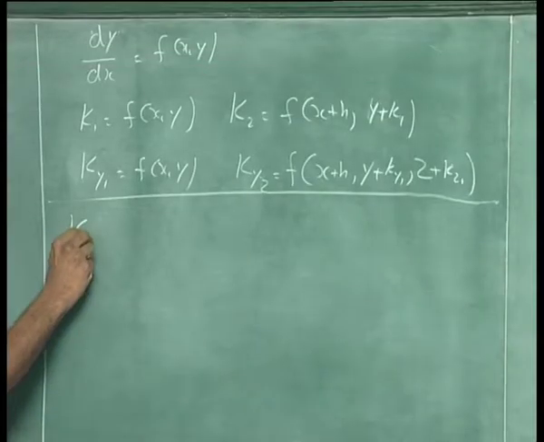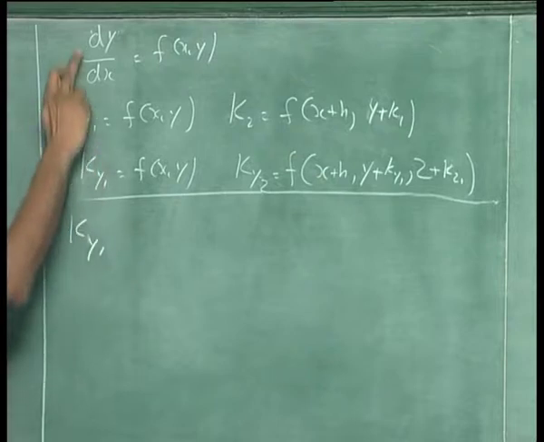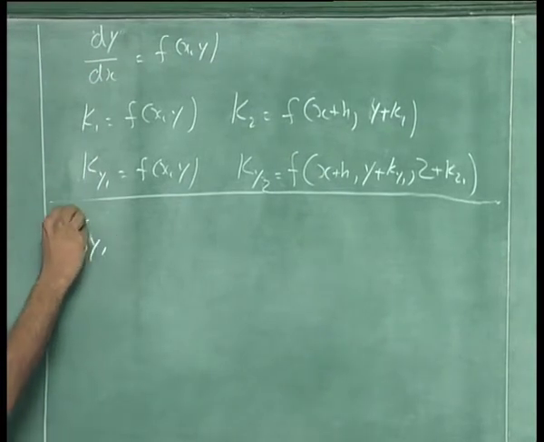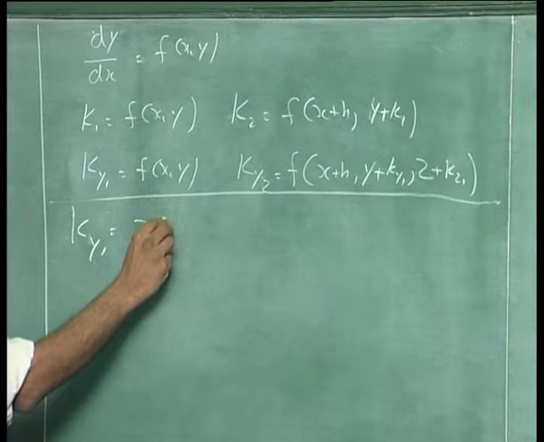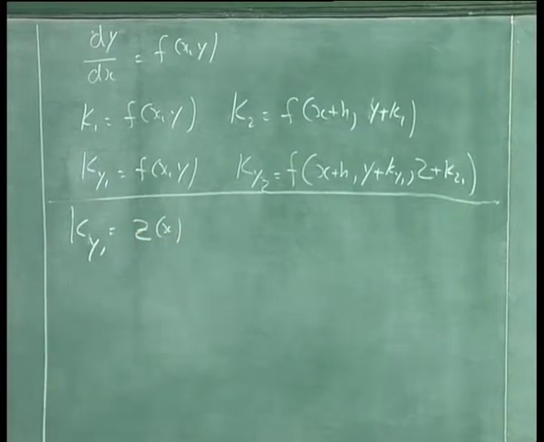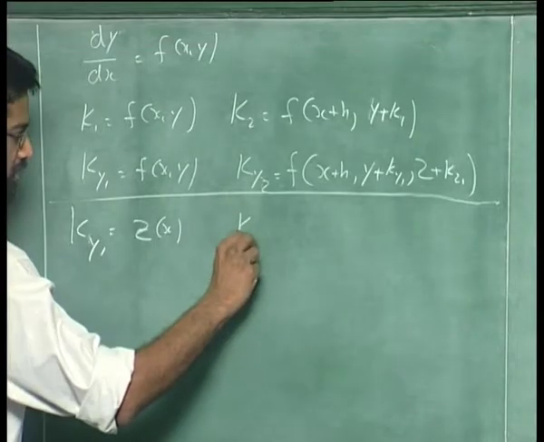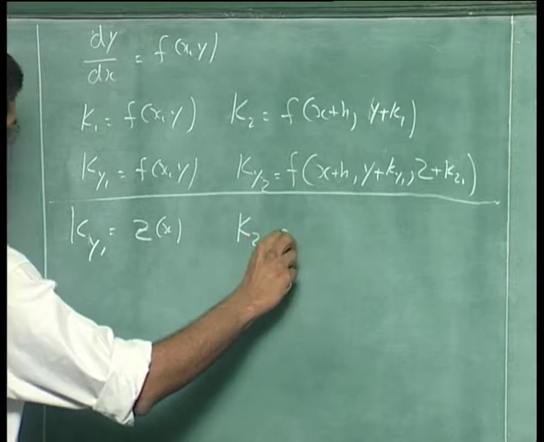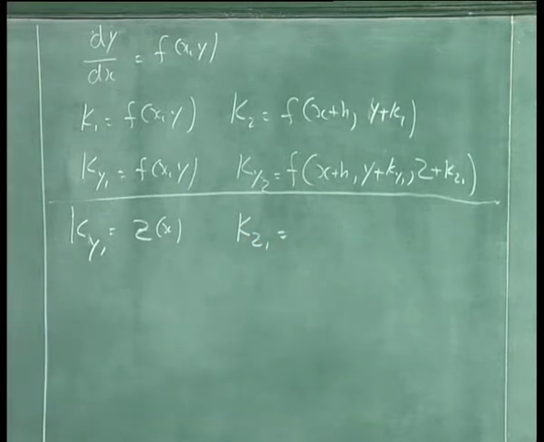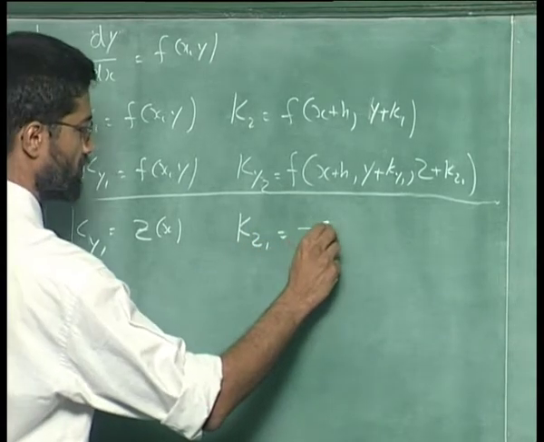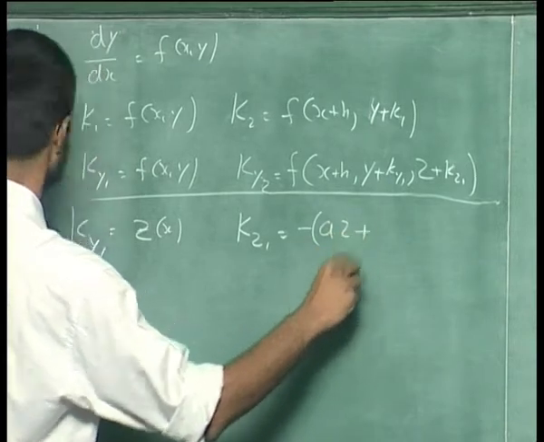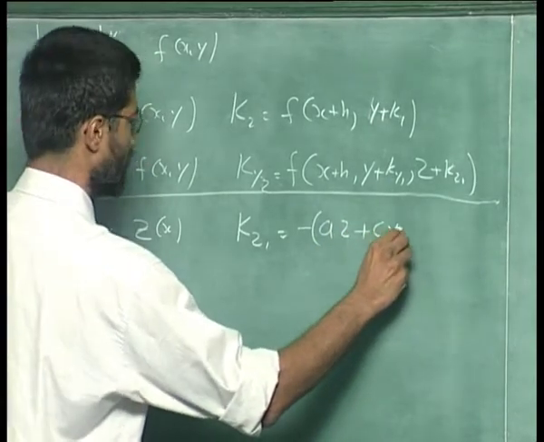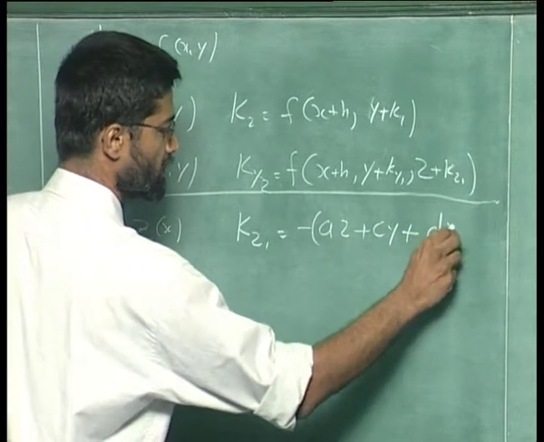I will say ky1, the right hand side of dy by dx, is z at x, the first point, x equal to 0. Then I do kz1, which is this quantity, minus a z plus c y plus d x.